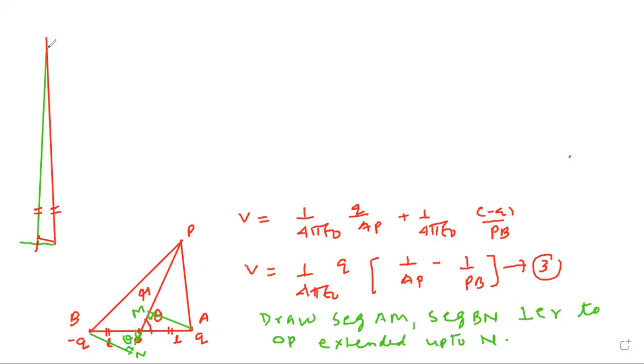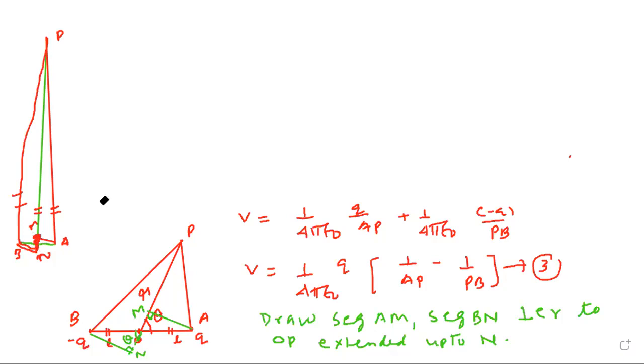Same way, when I draw a perpendicular to this side, then this extra part, when we add it, we get this. That means the distance M to P is the same as A to P, and P to N is the same as B to P. So by drawing the perpendicular, you are removing or adding this extra part so that it becomes equal.